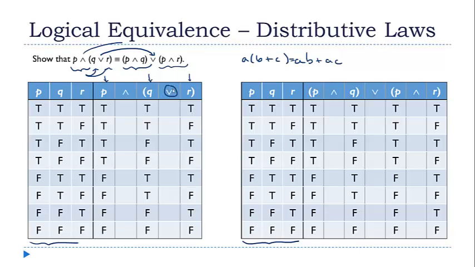So if we look at this or, remember that or is false only when both of the inputs are false. And everywhere else, it's true. So now we can disregard these input columns. And to get this and, I'll compare the P column with this column.